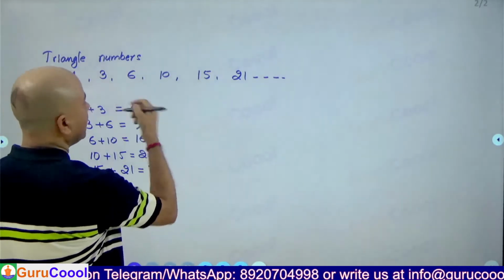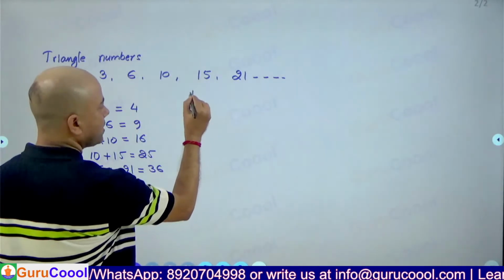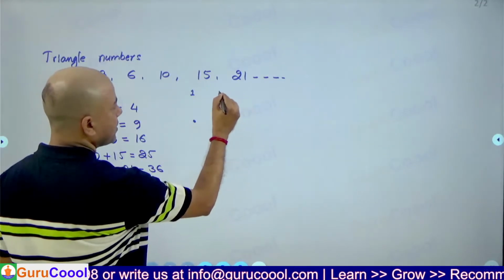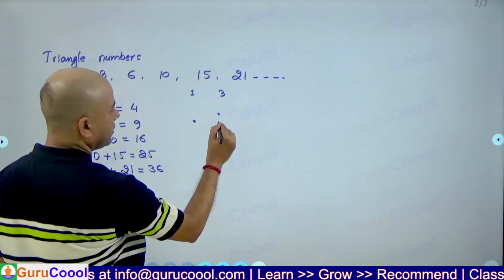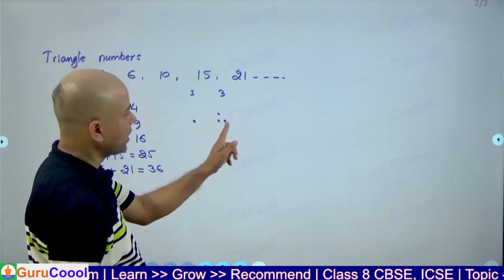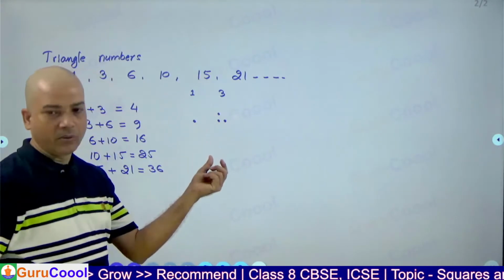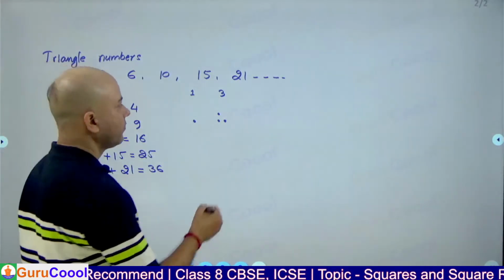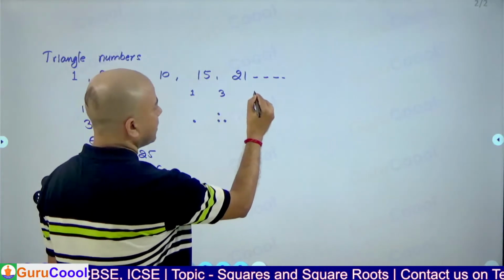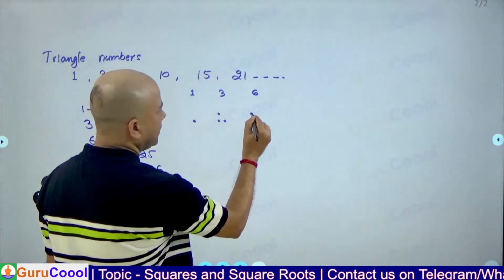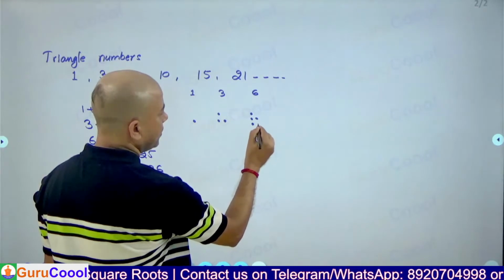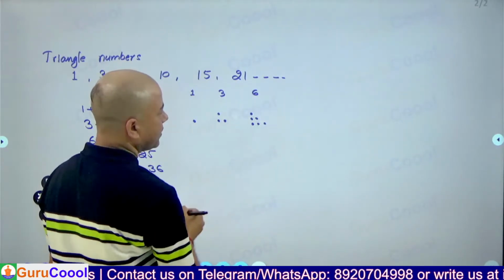1 means 1 dot, 3 means 3 dots to make a triangle, correct? You can make a right triangle like this, or you can make an equilateral triangle. I'm taking right triangle. Then 6: 1, 2, 3, 4, 5, 6.